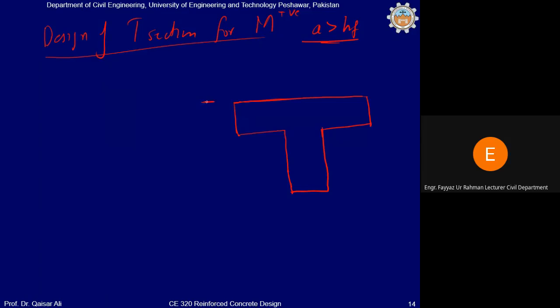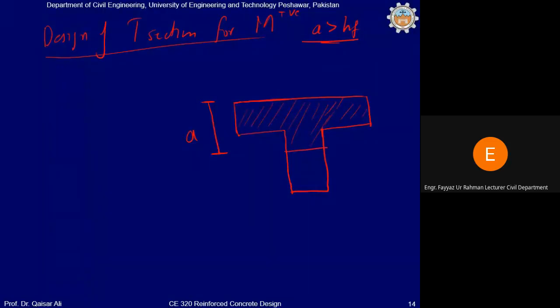And the effective depth, the depth of the compression block, that is a, is greater than hf. So in that case, you can see the shape of the compression block will not be rectangular, and that is why you cannot design the beam as a rectangular beam. Clear?